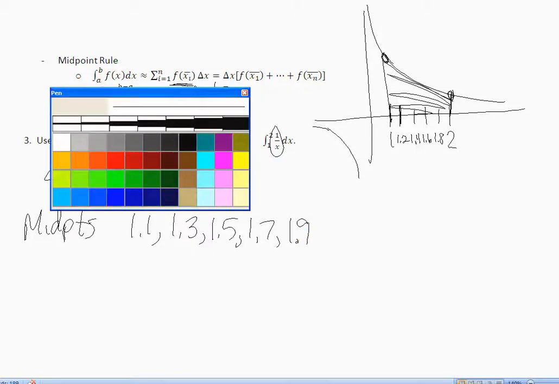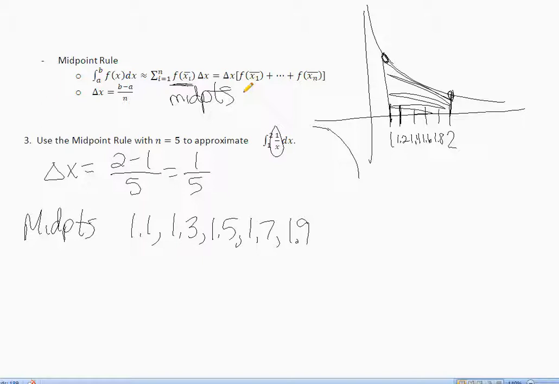If I come over here and draw them, so that's the actual rectangle. If I'm using midpoints, some of the rectangle will be above and some will be below. Those are the actual points on the curve you're using, the midpoint of the rectangles. And you're just finding the area of those 5 rectangles and adding it together.